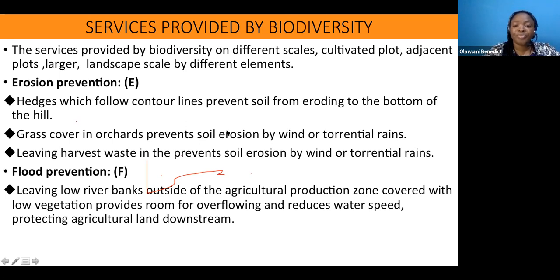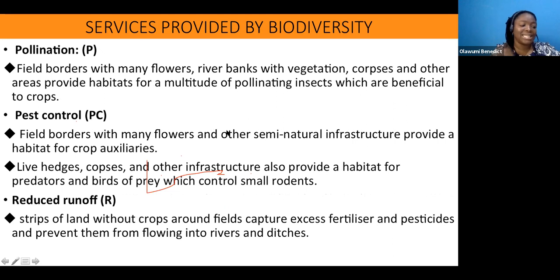So let's continue with some of the letters that we have seen. P stands for pollination, which we all understand why we need pollinators in our environment. These are fields, borders with many flowers. We get to so many farms, we don't see flowers there. We feel that flowers we'll see only around maybe the offices, but even in the different zones or sections where we have placed our farms, we need to put flowers there, because these flowers serve as attraction for pollinators.